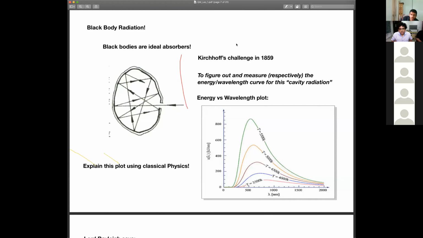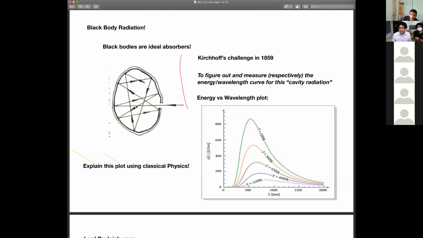So it makes sense to study an object that is an ideal absorber. What does it mean? It's in some sense a theoretical construct, but you can actually make a black body very well in a laboratory. What you basically do is take a big box, probably line the inside with some black film or something, and put a very, very small hole, like this picture shows, and keep it in some temperature bath at some temperature T.